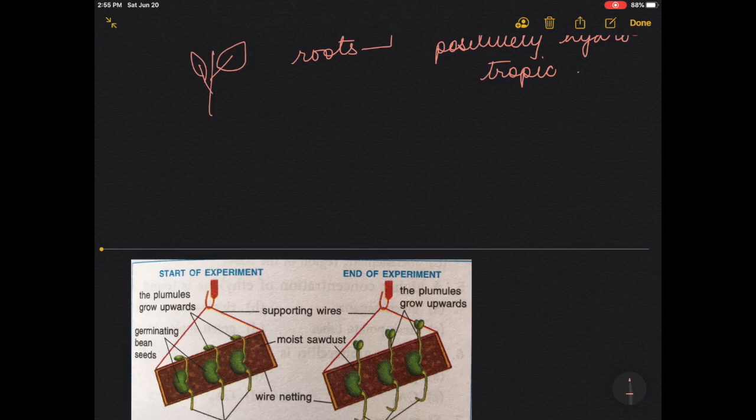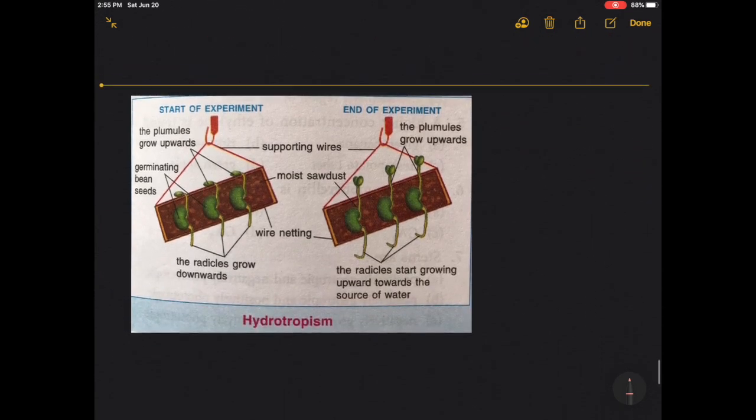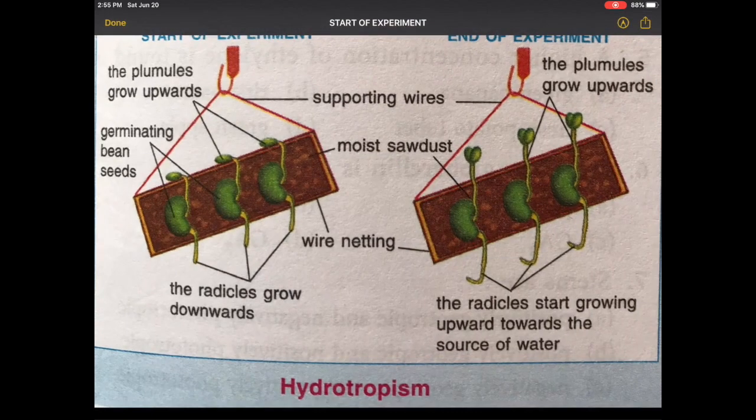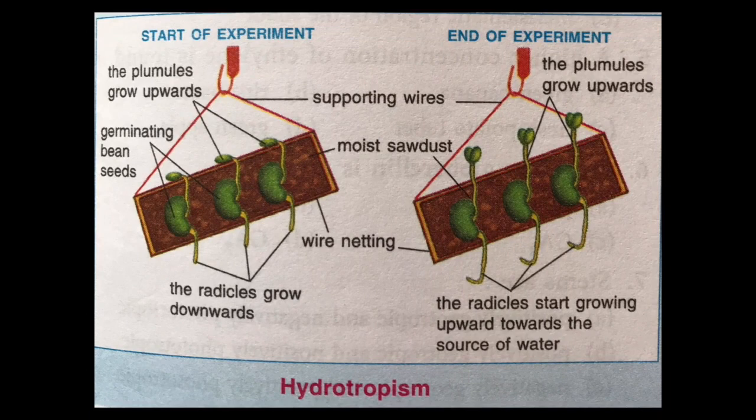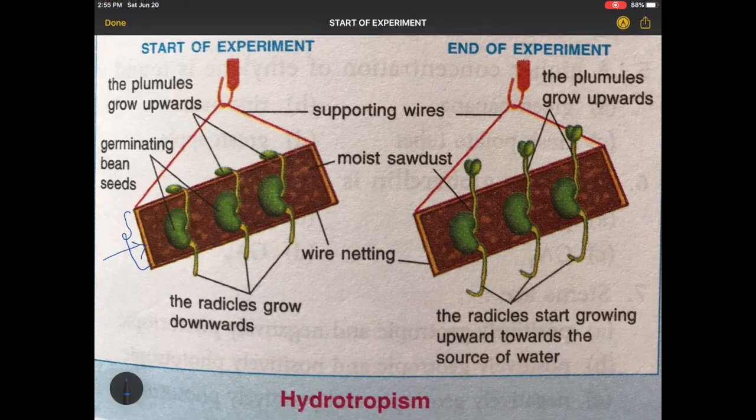Now, to show the effects of water on the growth of roots and plant, there is an experiment. We take a piece of wire netting or a gauze. This is the wire netting or the gauze.